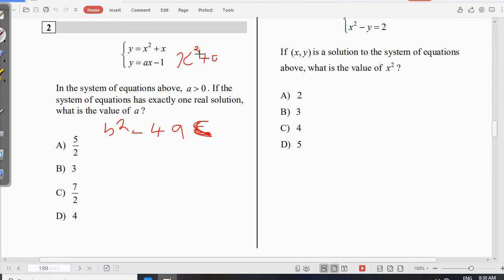If you carry this to the other side, we'll be having minus ax, so it's plus x minus ax, then we're having plus 1 at the other side, because we equated them first and then rearranged it. So x squared plus x minus ax plus 1 is equal to 0.